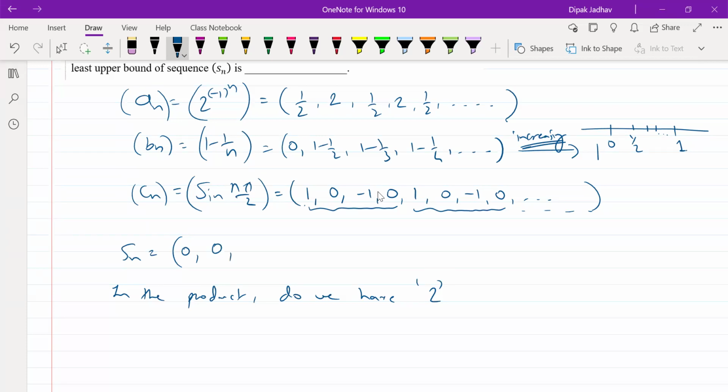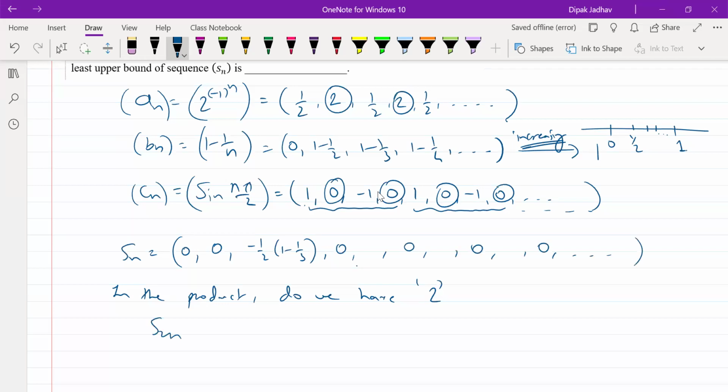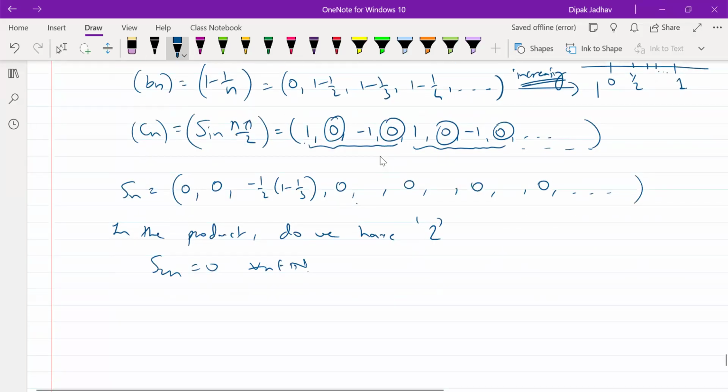Third one is minus 1 by 2 into 1 minus 1 by 3. That's the third one. Fourth one is 0. So wherever there is 2 here, this 0 will ensure that that term becomes 0. Even terms of the sequence are 0. Even terms in the product are 0. So S2n is 0 for all n. That's an observation.